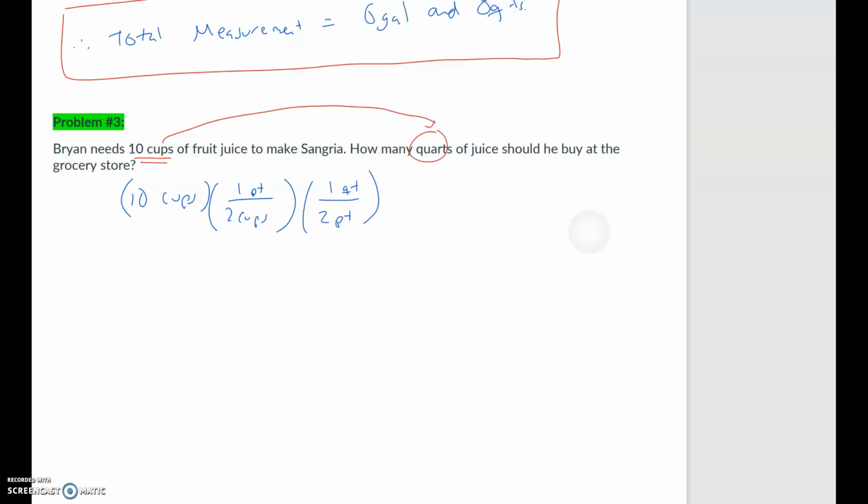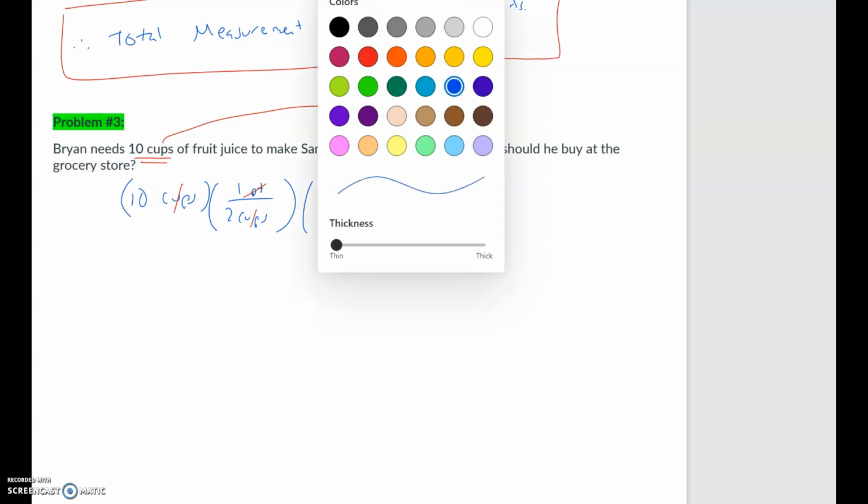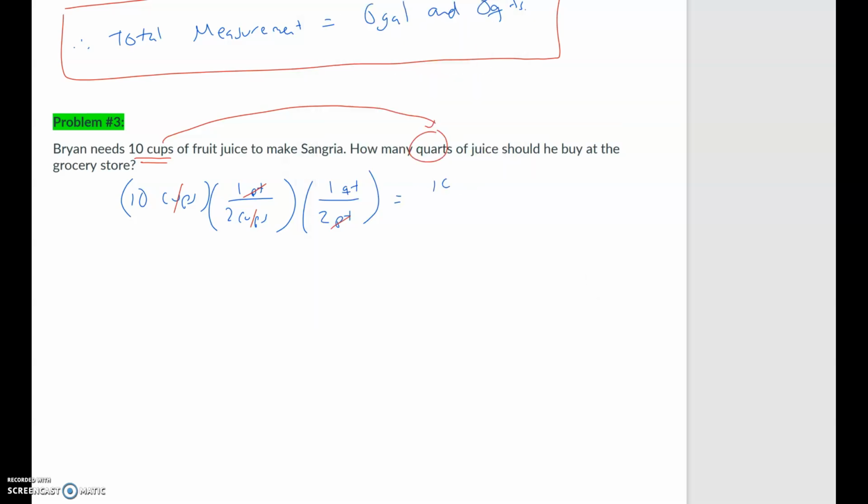And then here you can cancel cups, pints, and we're left with the values of 10 over, it's going to be 4, but let me just rewrite it exactly how we have it. This is 2 times 2, and this will be quarts. So this is 10 divided by 4, and we're looking at 2.5. Let me double check that. This will be 2.5. So 2.5 quarts.